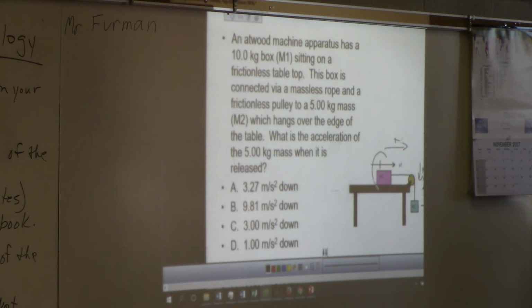So if I define both of these masses as a single system, I can say that the sum of the forces is equal to the mass times the acceleration. Well, what external forces are acting on this system?